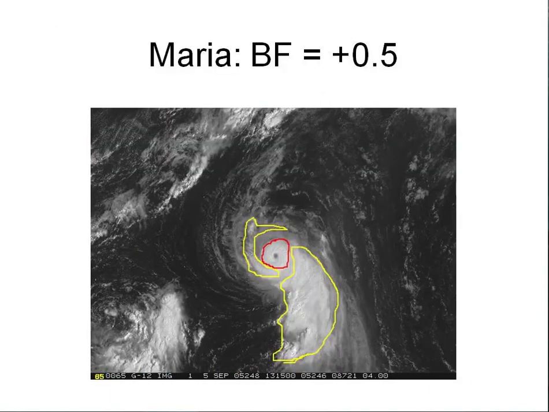And for this example, the eye adjustment factor is 0. The red line marks the CDO along which the eye determined the embedded distance, and the yellow outlines the banding features to evaluate. In this case, the narrow banding and the wide banding do not extend far around the CDO, so the BF is evaluated to be plus 0.5.